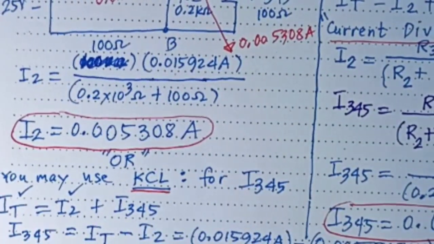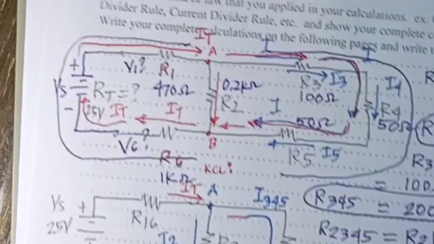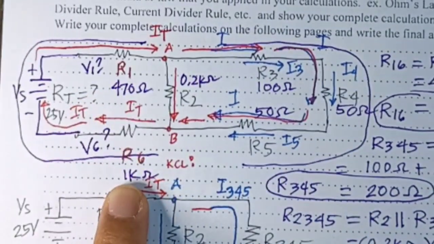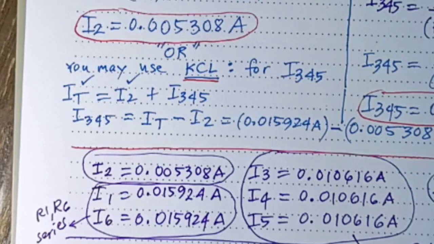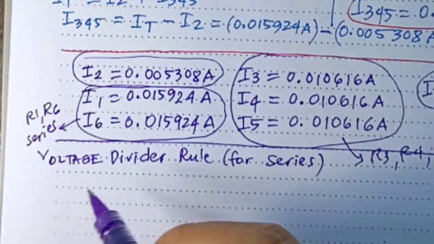Anyway, going back to our last part, Kirchhoff's voltage rule. And we have R1 and R6, R1 and R6 in series. So we can use the formula for voltage divider, similar to this.